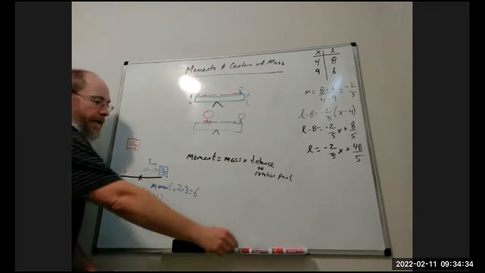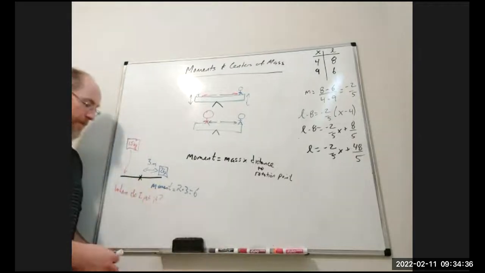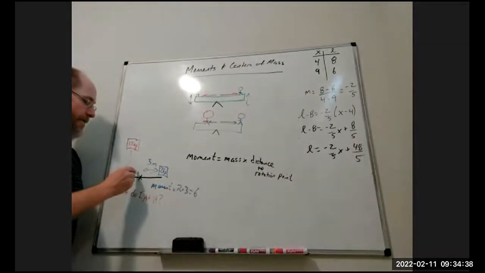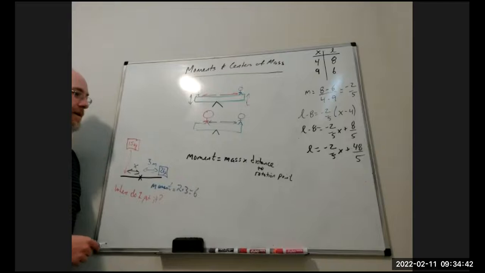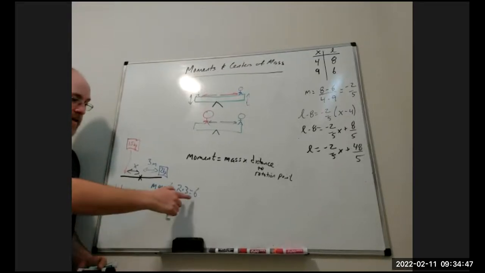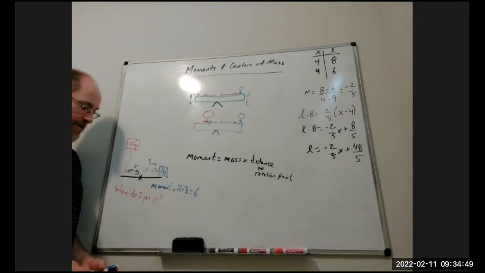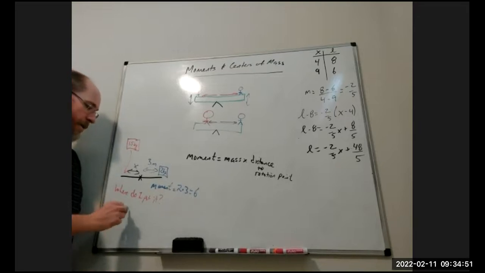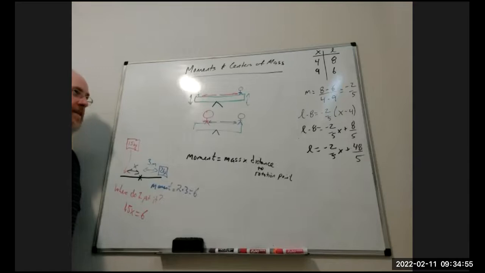All right, well, if we want to calculate that, what we're going to do is we're going to think about a generic distance, call it x, but I need the mass times that distance to be the same as the moment on the other side. So I'm going to get 1.5x is going to have to equal 6.